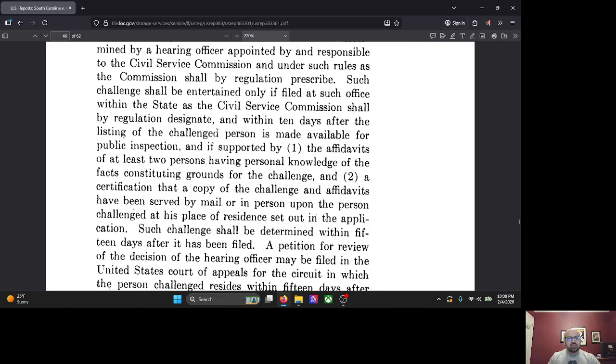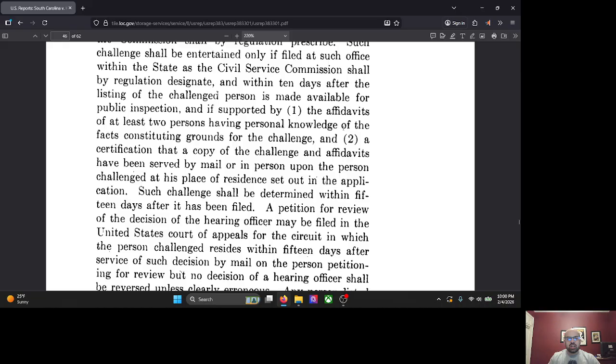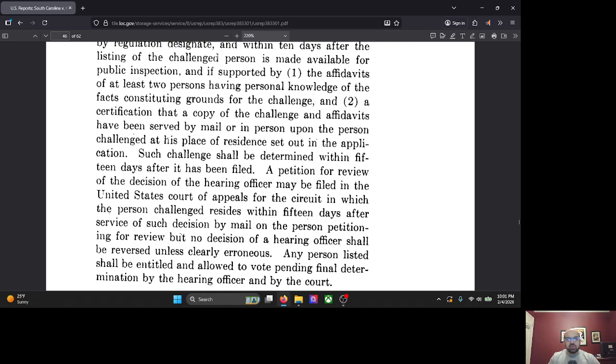The affidavits of at least 2 persons having personal knowledge of the facts constituting grounds for the challenge, and 2. A certification that a copy of the challenge and affidavits have been served by mail or in person upon the person challenged at his place of residence set out in the application.